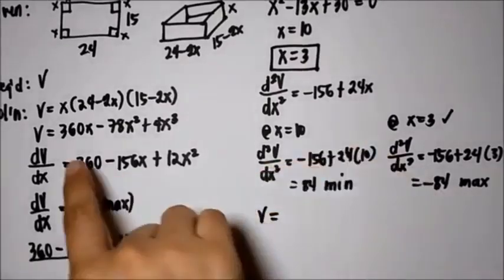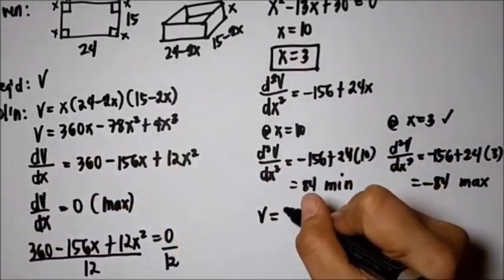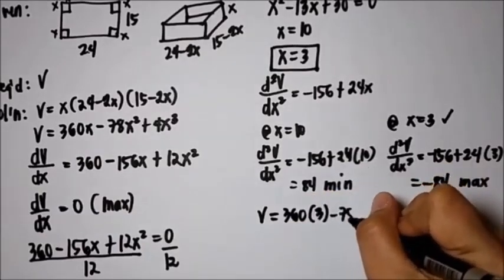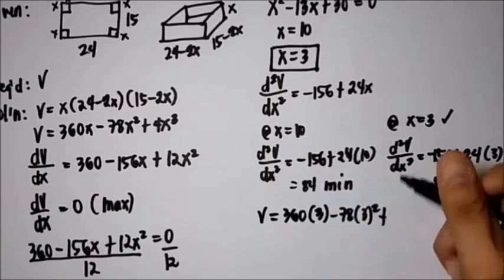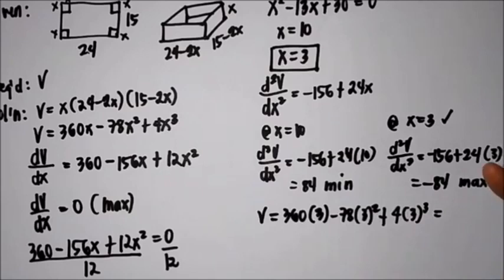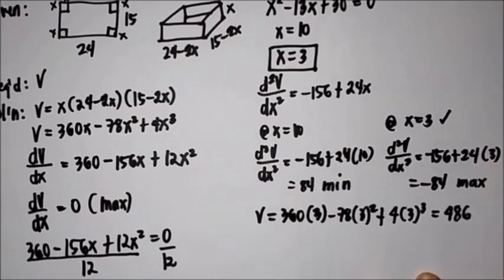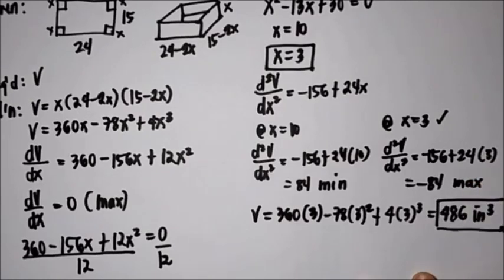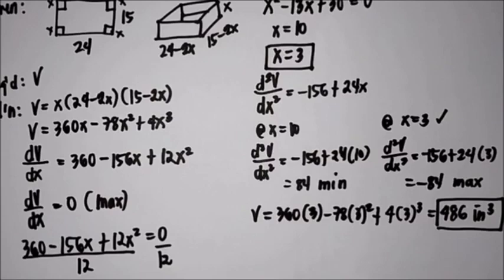So the volume now, this is the formula for the volume. It's 360 times 3, negative 78, 3 squared plus 4, 3 cubed. So the volume, if you're going to solve for this, is 486 cubic inches. So that is the maximum volume.